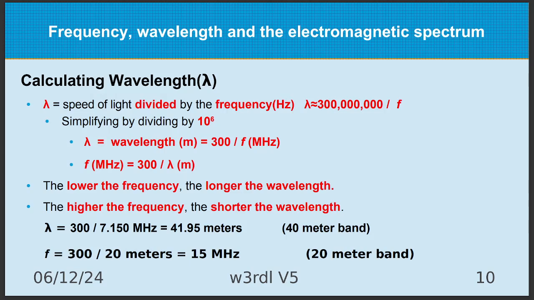Calculating wavelength: speed of light divided by the frequency. If you know the frequency and you're trying to figure out the wavelength, you just divide 300 million by the frequency.